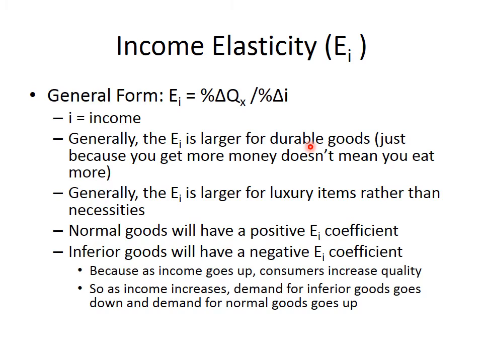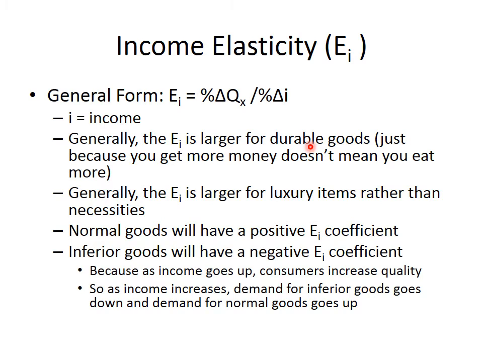Because he'd just be consuming consumable goods constantly. Well, in point of fact, that's not the case. It is the case that he has Lear jets and mansions and all that stuff that the rich folks have, that we normal folks don't have. That's because the demand for durable goods is much more sensitive to income. The more money you make, the more durable goods you're going to have. Simple enough to understand.